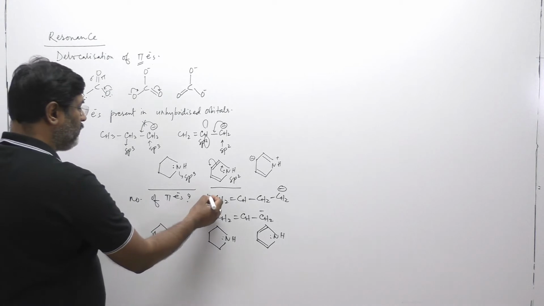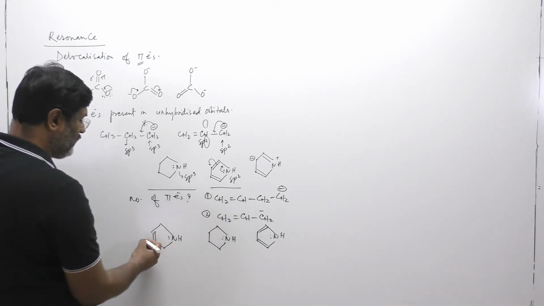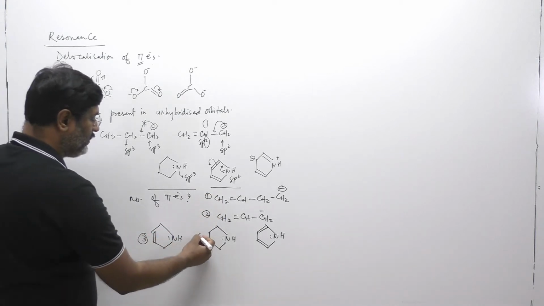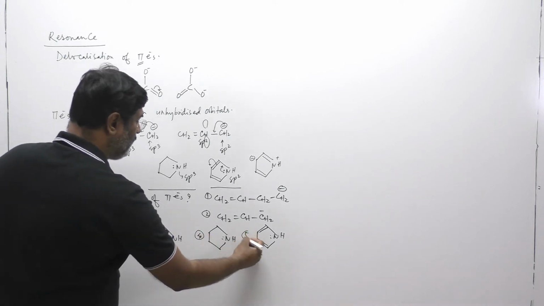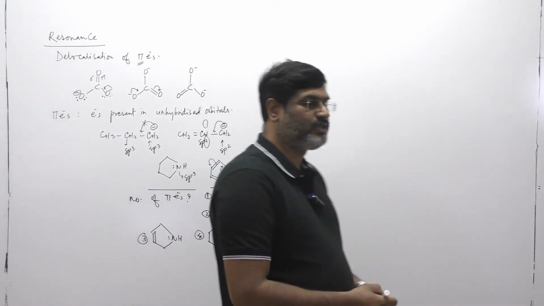This is the first one, second one, third one, fourth one, and fifth one. Number of pi electrons in these 5.